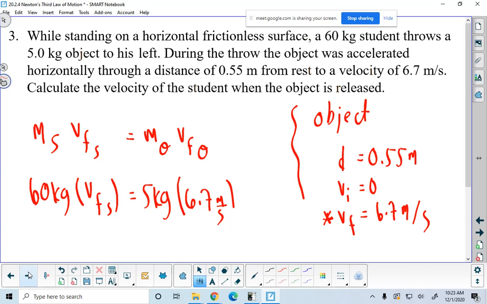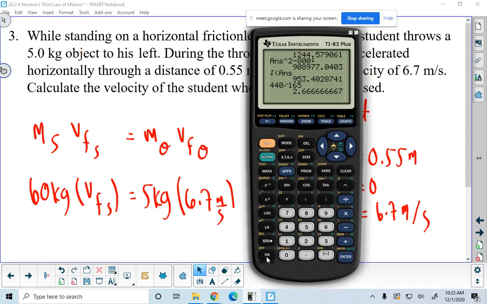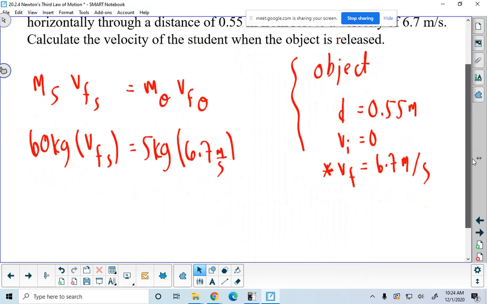So we just need to take 5 times 6.7 divided by 60, which gives me 0.56 meters per second. And it will be to the right because the object was thrown to the left.